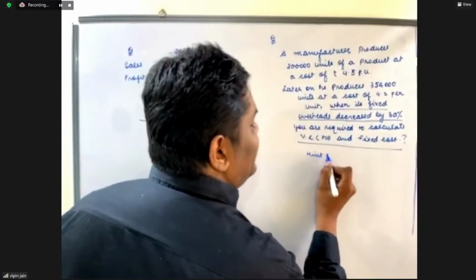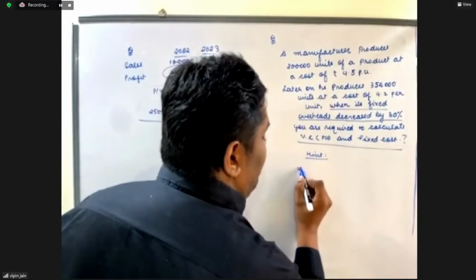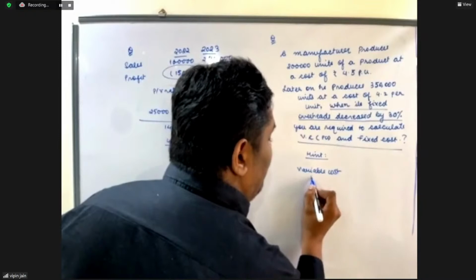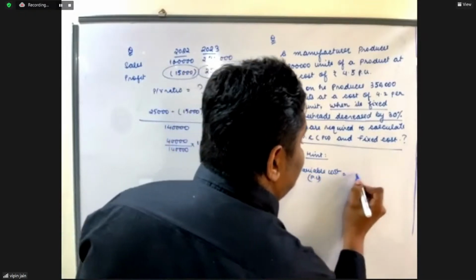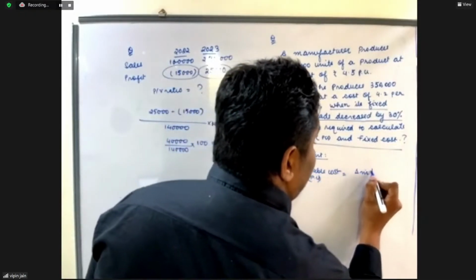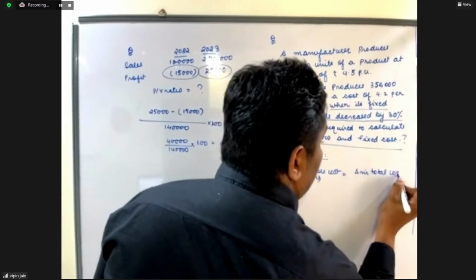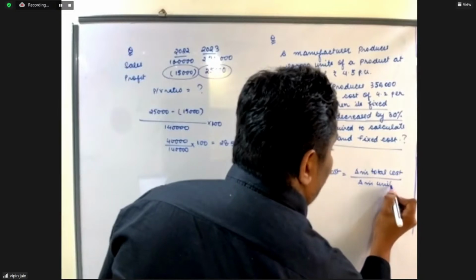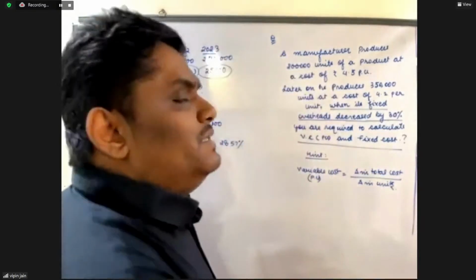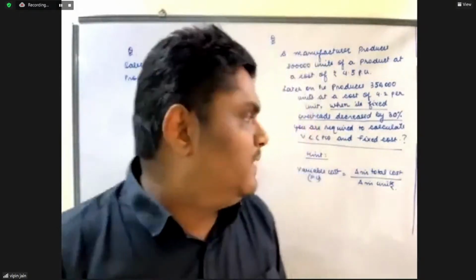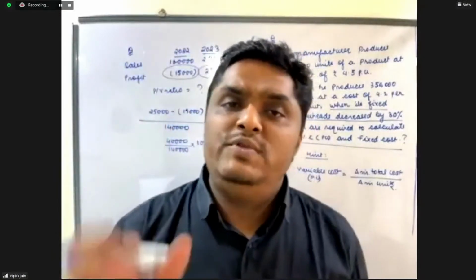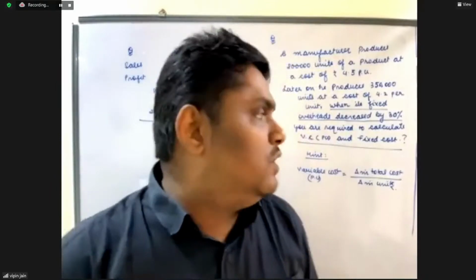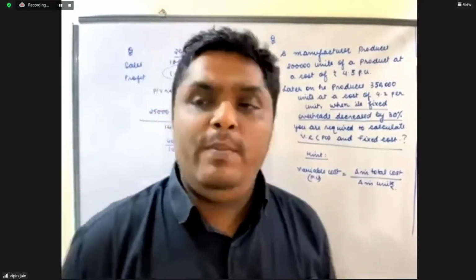A hint from my side: variable cost per unit we can calculate as change in total cost divided by change in units. Again, this is not a formula, it's a simple concept. Herein the fixed cost remains the same. So if there is any change in cost due to change in units, that will be the variable cost per unit. So this is the hint from my side.